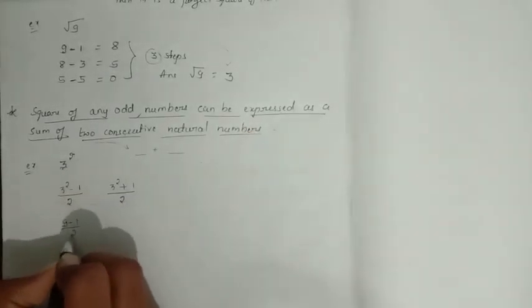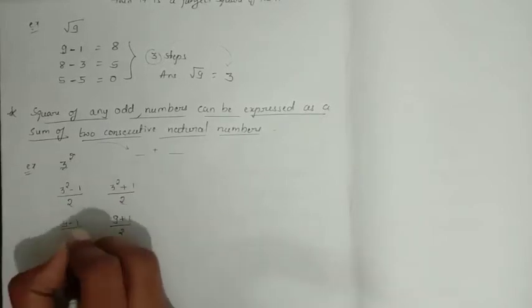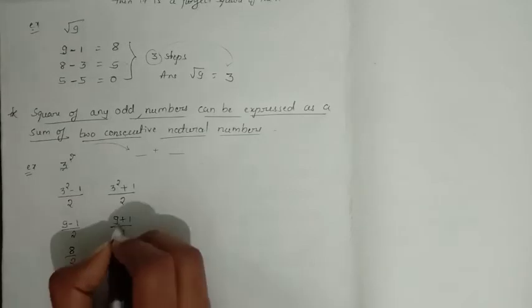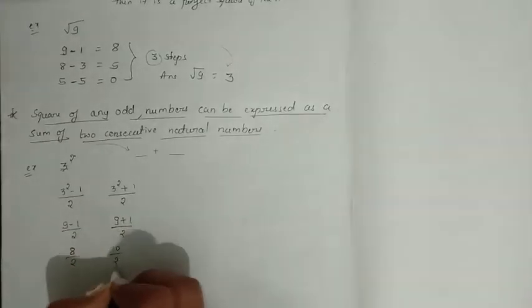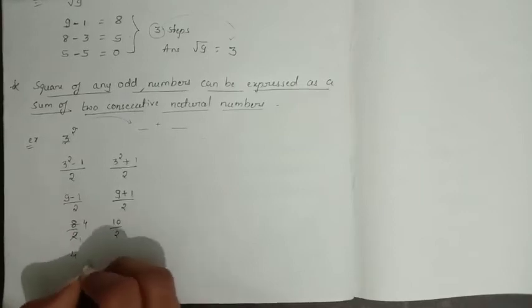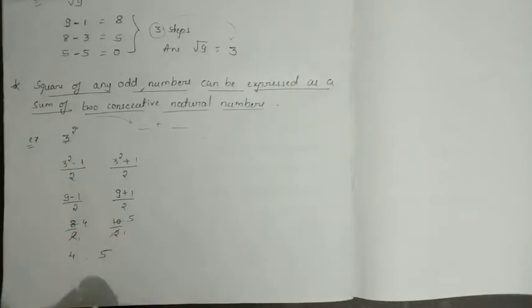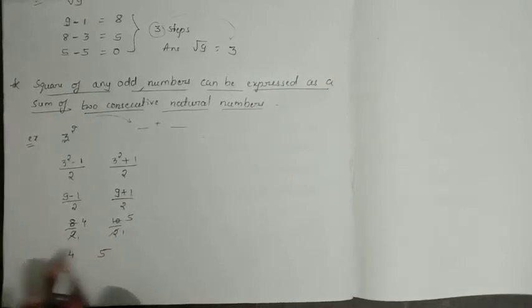So 3 square is 9, 9 minus 1 divided by 2, and 9 plus 1 divided by 2. 9 minus 1 is 8 by 2, and 9 plus 1 is 10 by 2. So 2 fours are 8, that means 4, and 2 fives are 10, that means 5. So 4 and 5, whether it is a consecutive number?